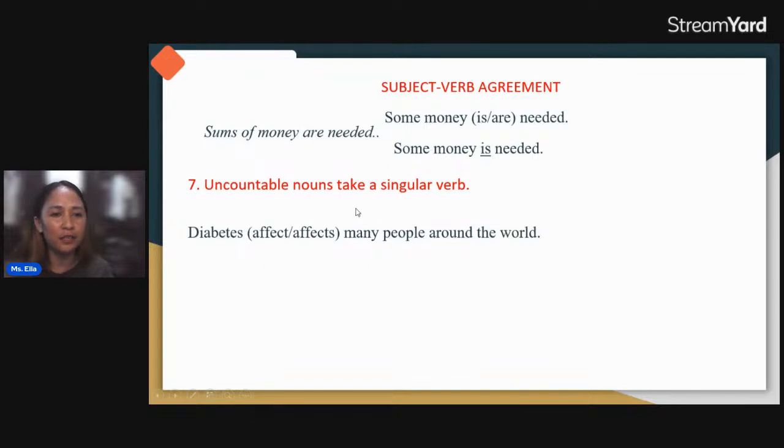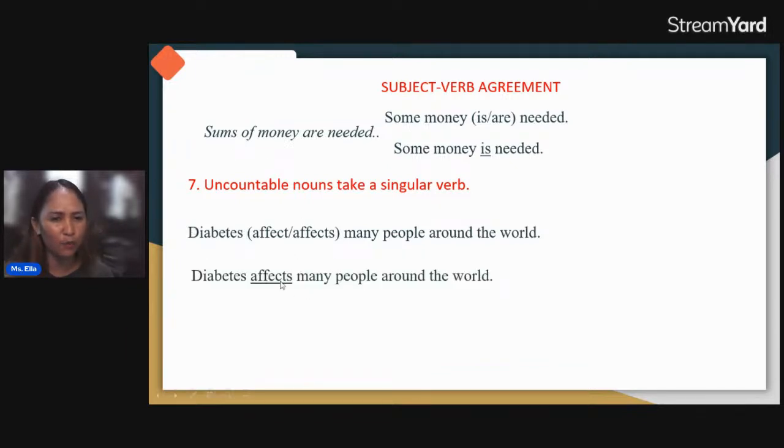Now let's continue. Another sentence. Example: diabetes affects many people around the world. What's the correct answer, affect or affects? Our subject here is diabetes. The correct answer is affects.